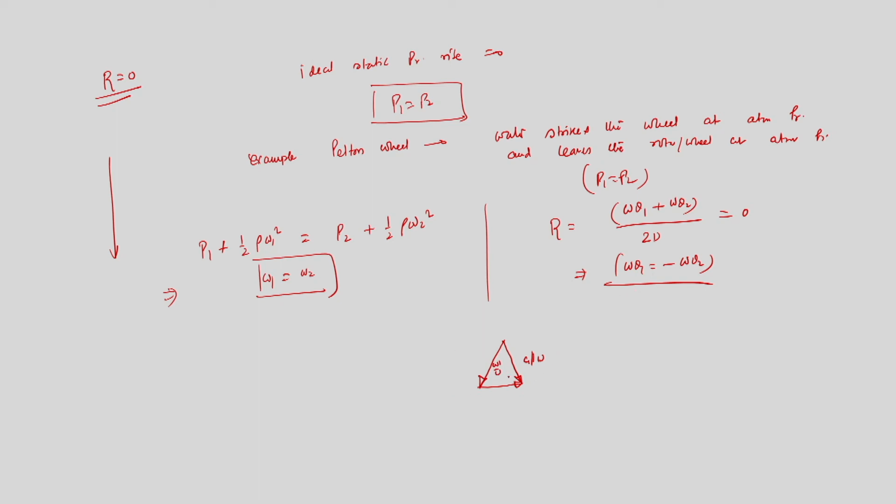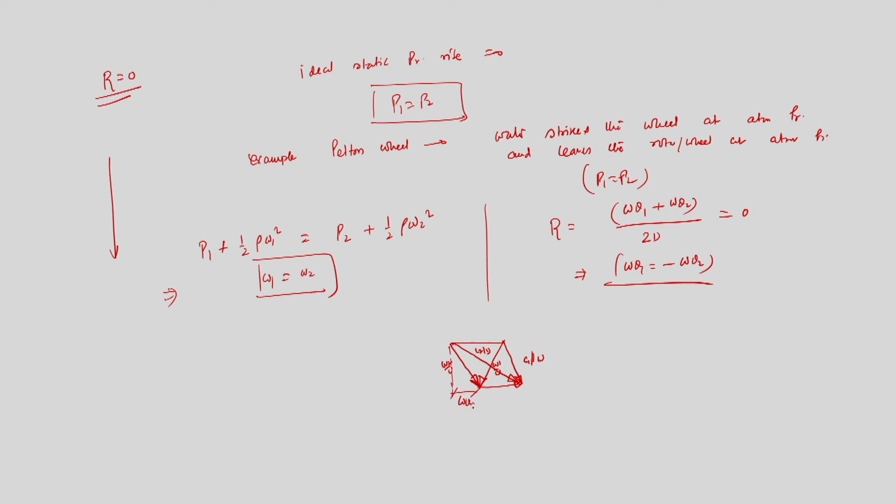Now, W theta 1 will be equal to W theta 2. So, this is W theta 2, W2, and this will be C2. So, this will be C2 by u and this is W2 by u. So, what is W theta 2?